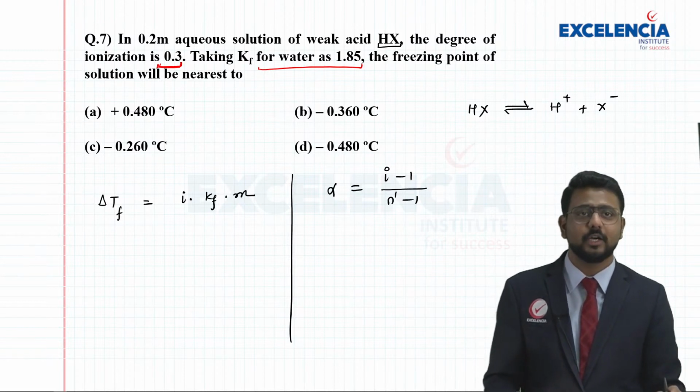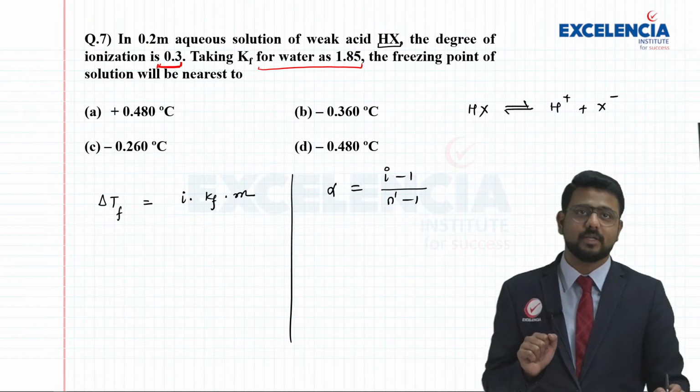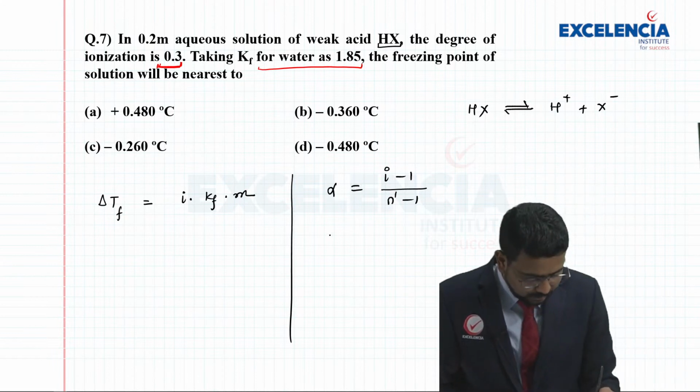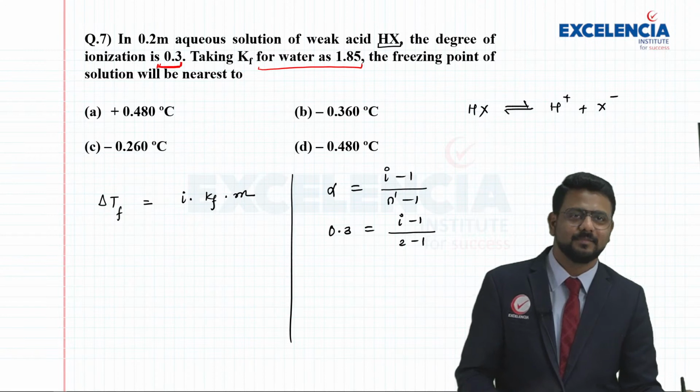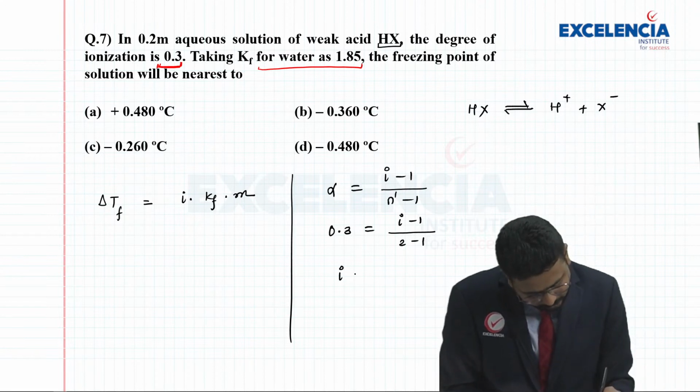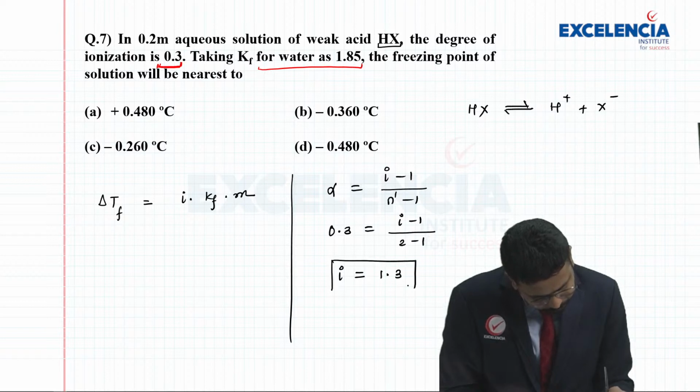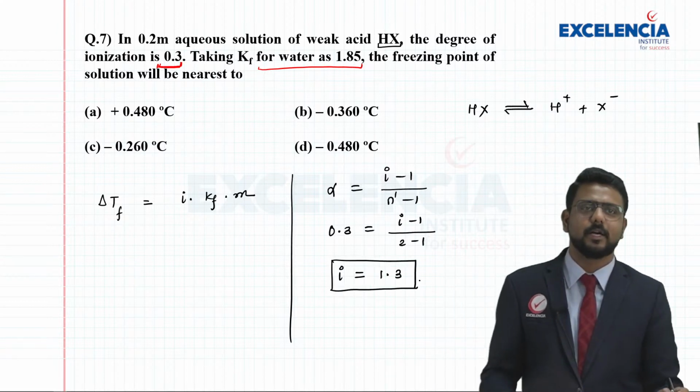So, n' here is definitely 2 and alpha is given as 0.3. So, if I plug in the values here, 0.3 is equal to (i minus 1) over (2 minus 1), okay. So, definitely here the value for i will be equal to 1.3. This will be the value of i, isn't it?